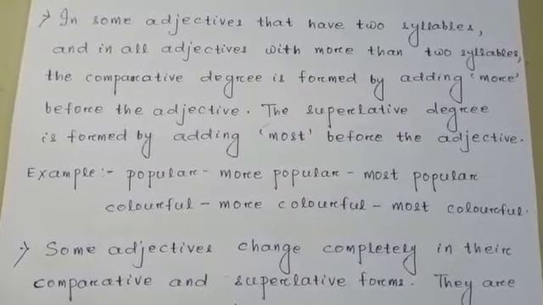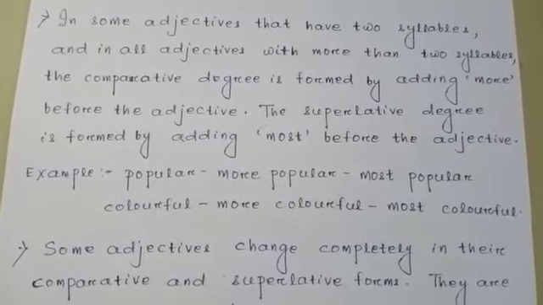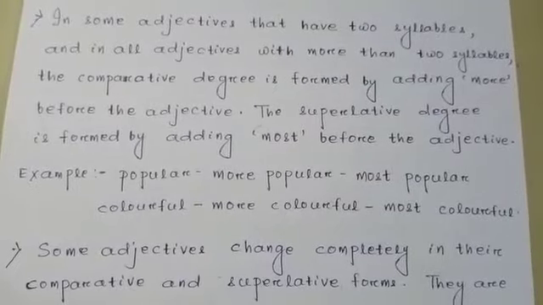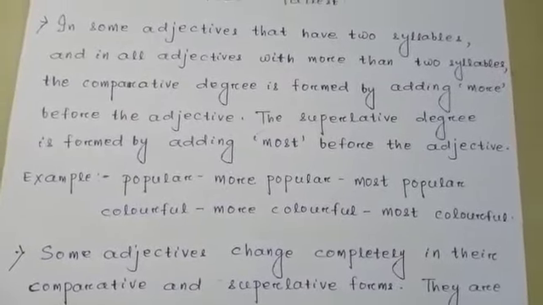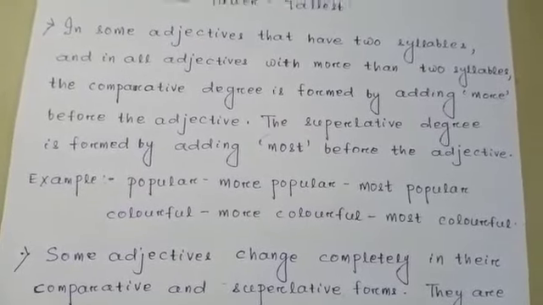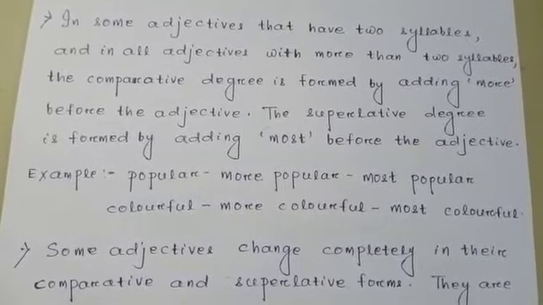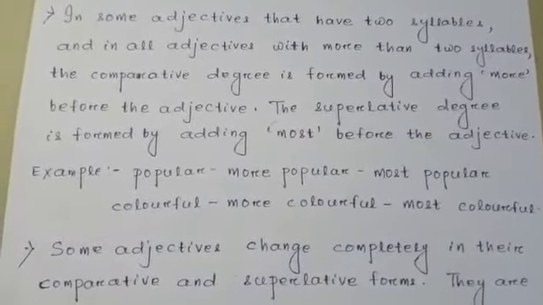O is there, U is there, A is there. So three syllables are there. According to the rule, in the comparative degree you add more before the adjective, and in the superlative degree you add most before the adjective.